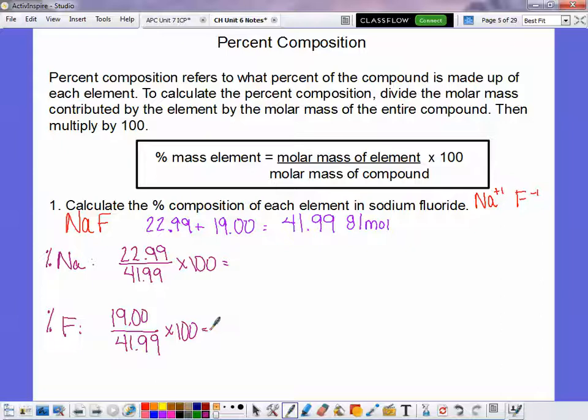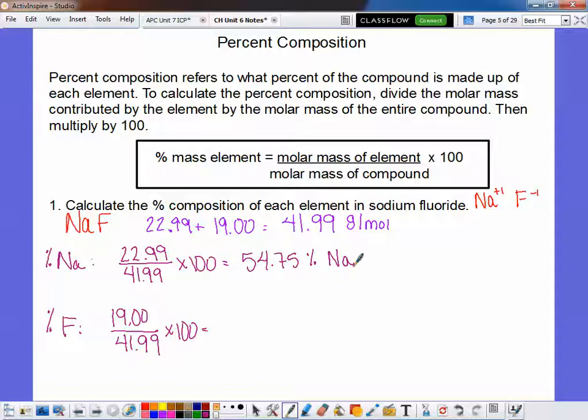And what do you get as the percent of sodium? 54.75. And our unit is going to be percent, and we're going to label that this was the percent of sodium.